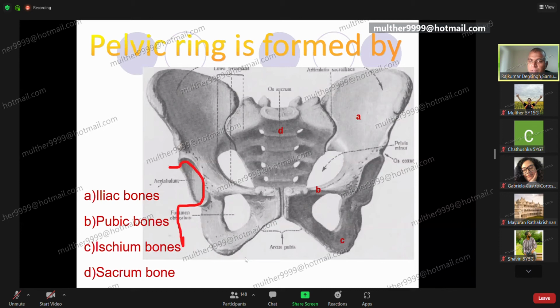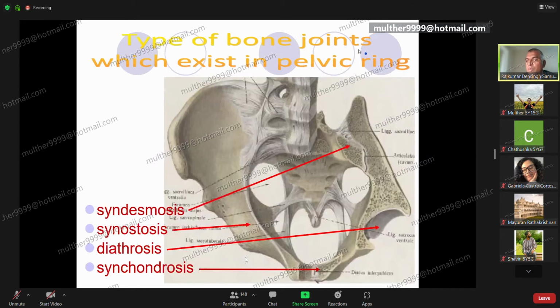In between them there is an interarticulating space. For sure, the joint capsule is present, and this area is filled with synovial fluid, and this joint can move in all directions. So this is called a diarthrosis, or another name is true joint. So almost all types of joints we can find in the hip region.